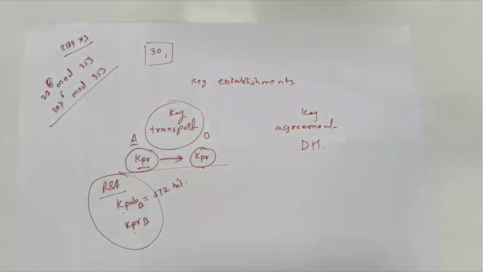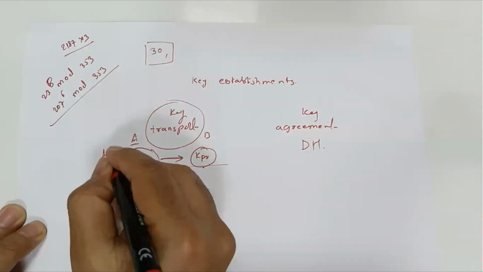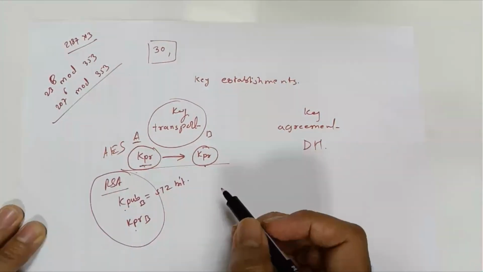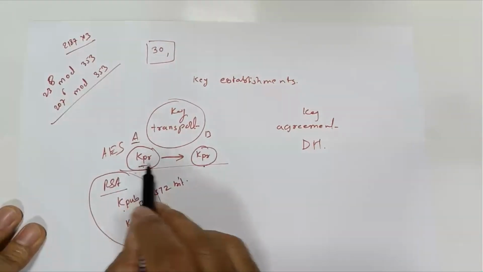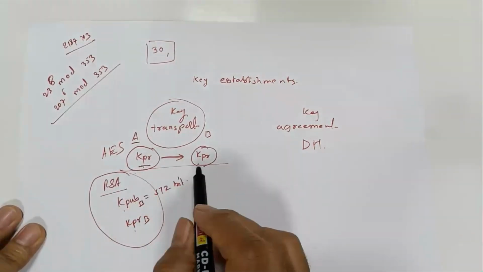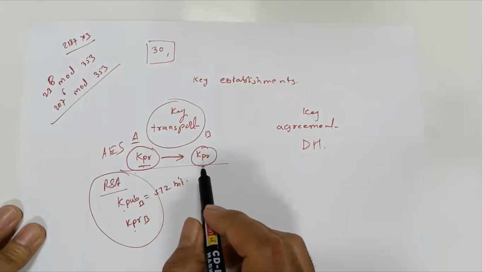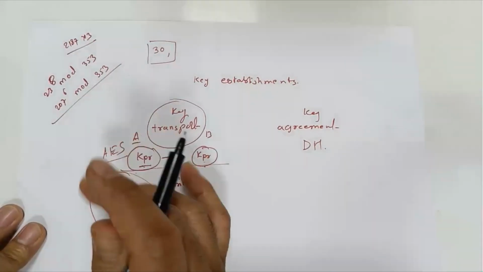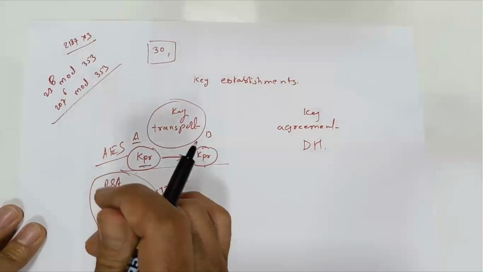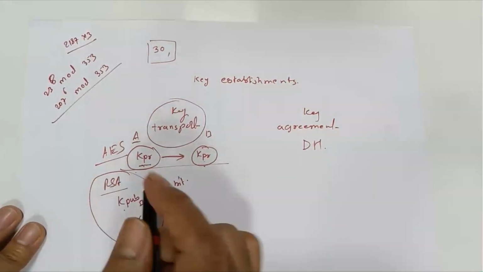Let's say we are using AES for the actual encryption, because this is a symmetric key encryption. KPR is used at both the ends for encryption and decryption, and we know that AES is so secure, it is not attacked by anyone yet.